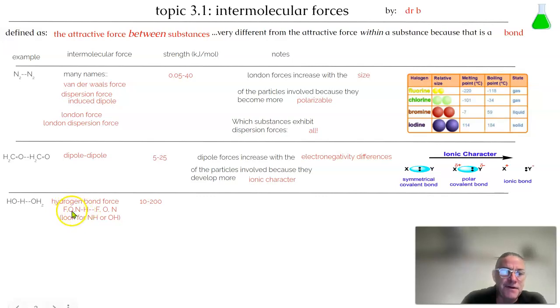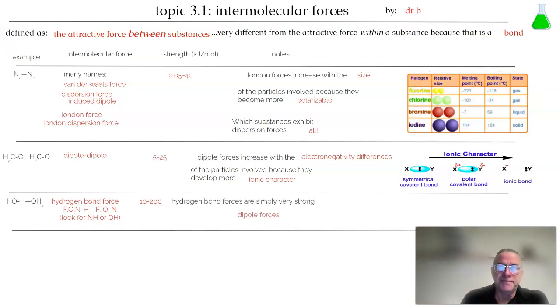F, O, or N to H, and in turn connected to either F, O, or N. 90% of the time you're looking for something with an NH or an OH. If it has those, it can do hydrogen bonding. They are very strong dipole forces, and those are very common.